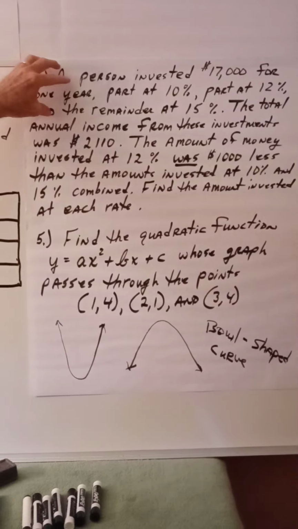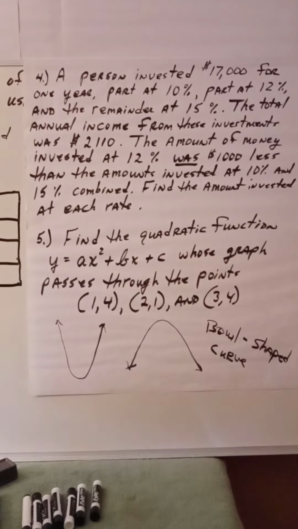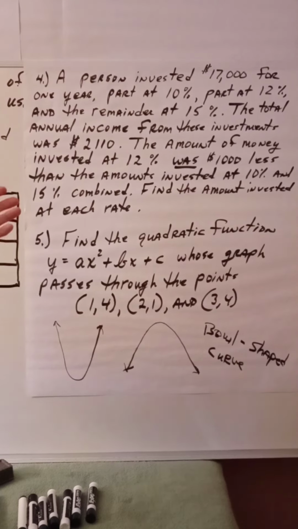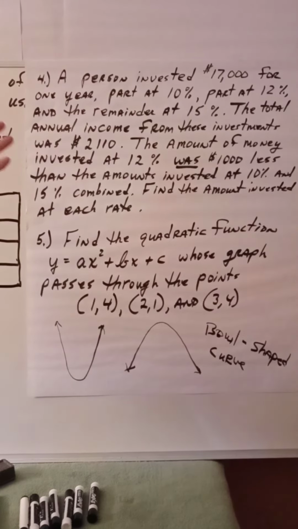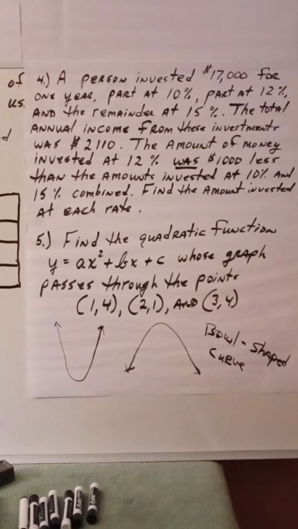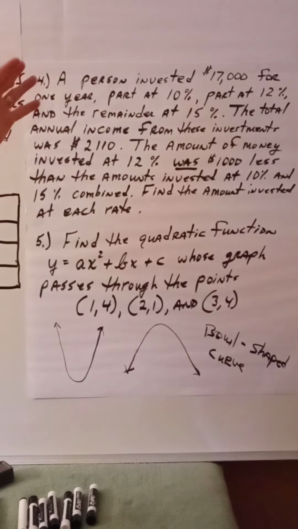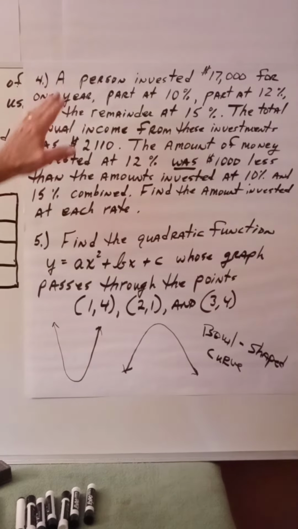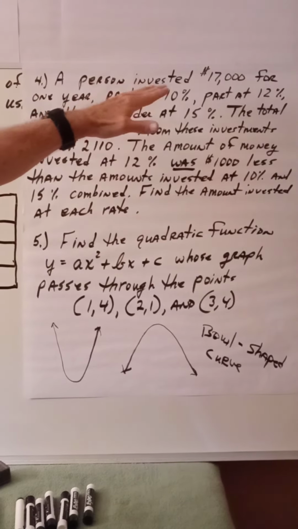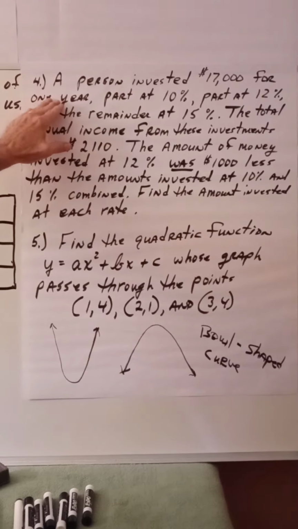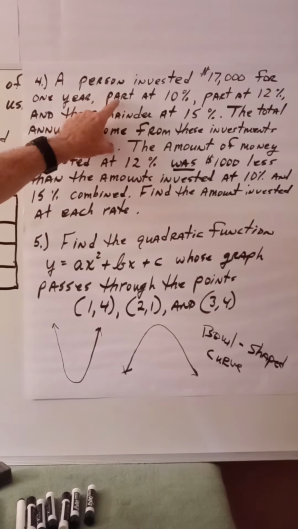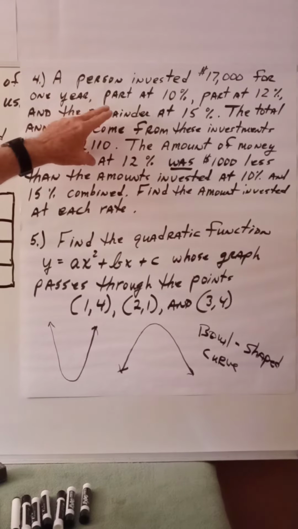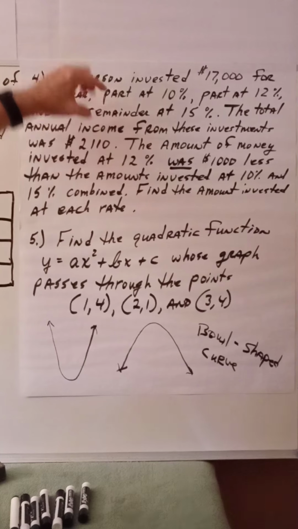So let's just stop there for a second. Sentence number 1 is dealing with the amounts of money that are going into each one of the accounts. And the total amount that's being invested is $17,000. I'll just read it again. A person invested $17,000 for 1 year, part of it going into 10%, part at 12%, and the remainder at 15%.